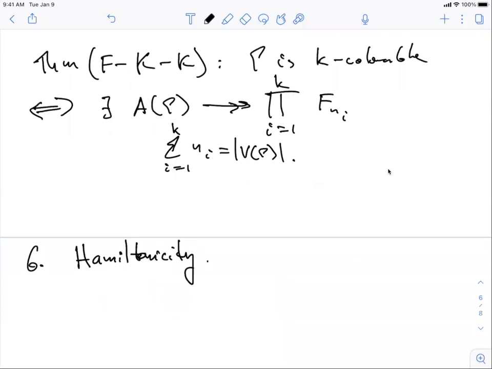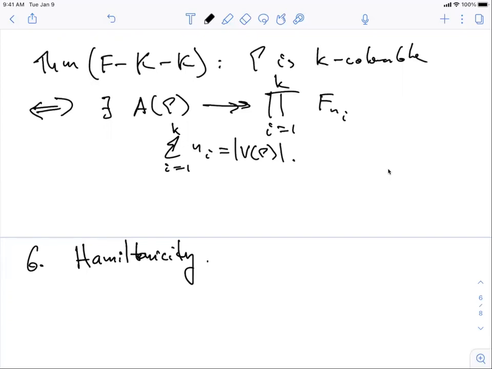Hamiltonicity is a property that a graph may or may not have. So a graph has a Hamiltonian path if there's a path in the graph which visits every vertex exactly once, and a Hamiltonian cycle if it admits a cycle which visits every vertex exactly once.